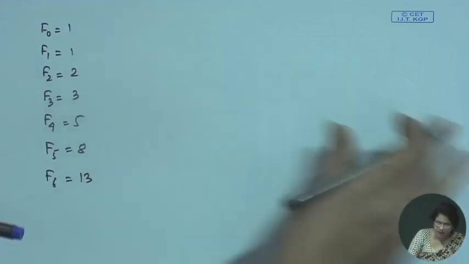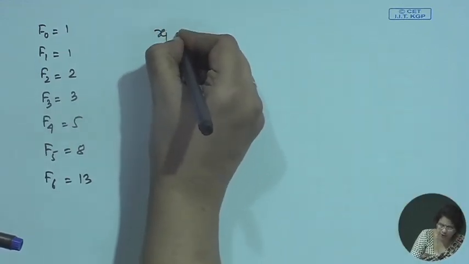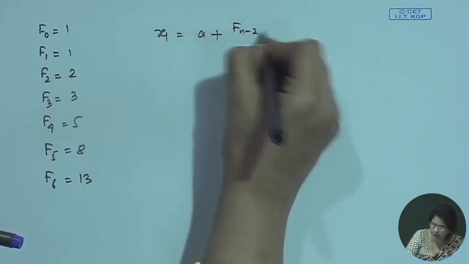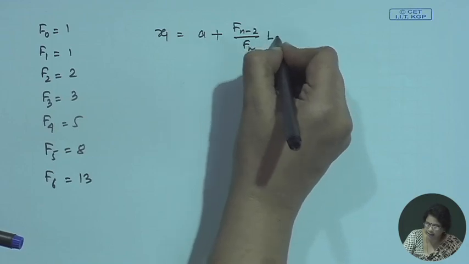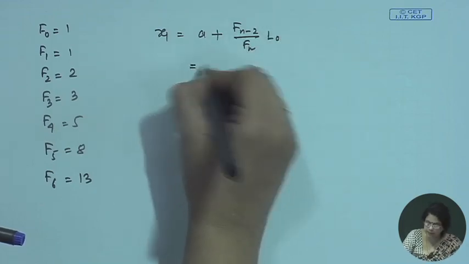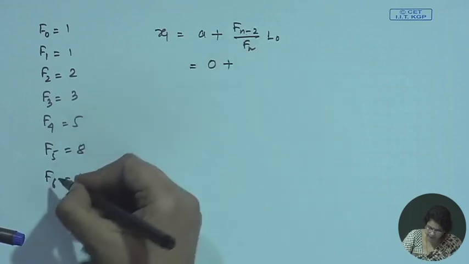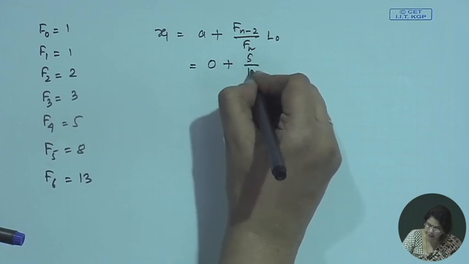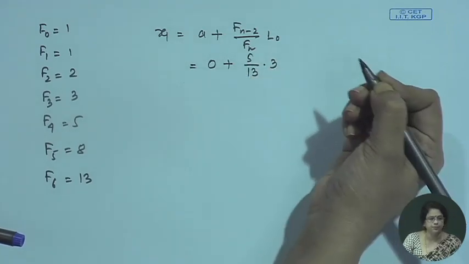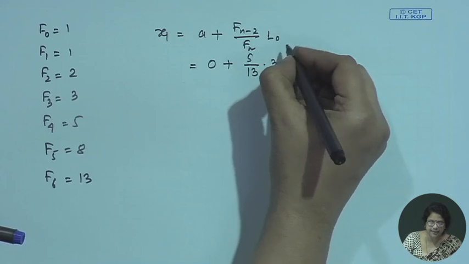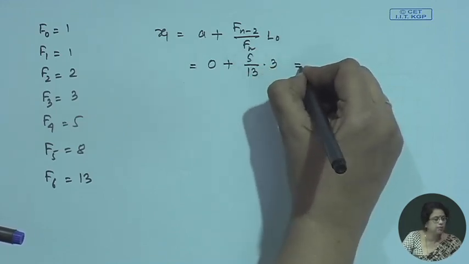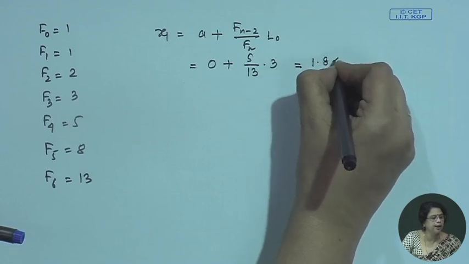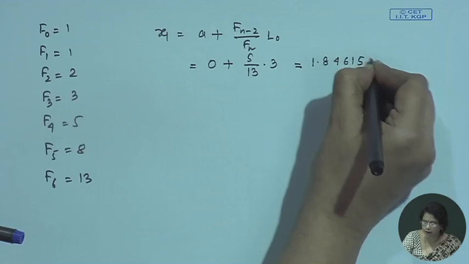Now, the first approximation, x1 is equal to a plus Fn minus 2 by Fn L0. Here the value is 0 plus Fn minus 2, where n is 6. That is why 5 by 13 into 3. This value is coming as equal to 0.1846154.